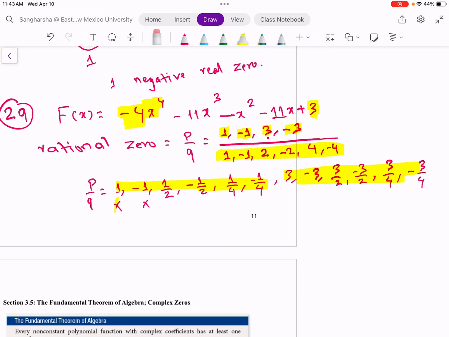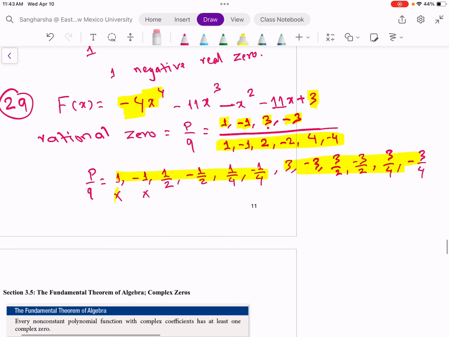It takes a lot of time, but with degree 3, if you just try 1, negative 1, or 2, negative 2, it will give you a real 0. I'll try to have a simple function on your exam, but your homework is not easy, so it's going to take time.